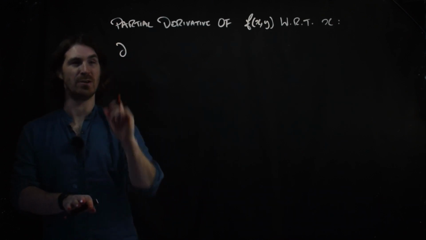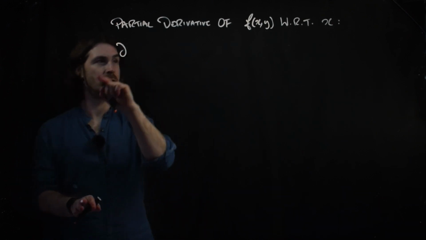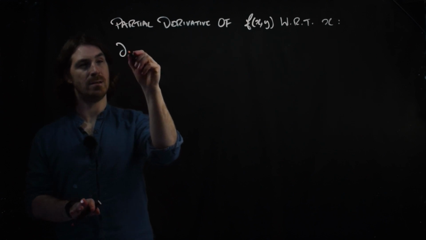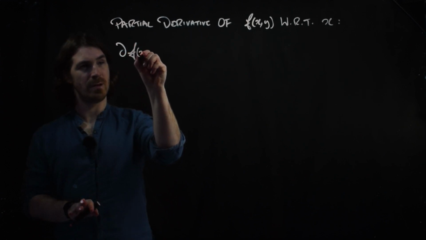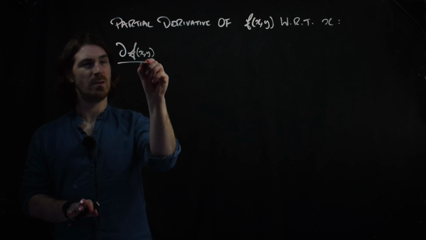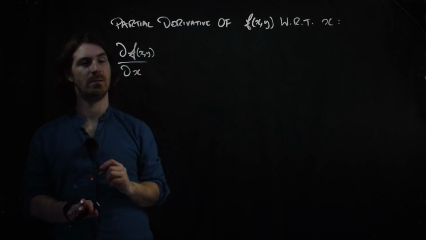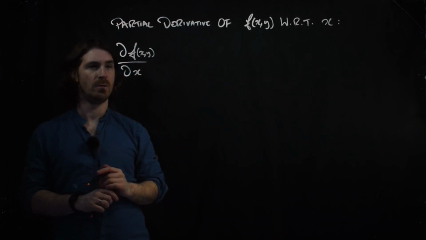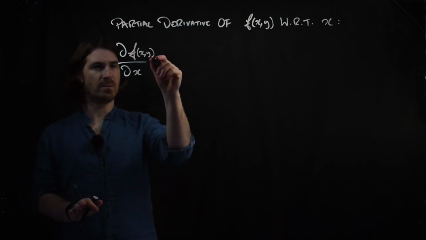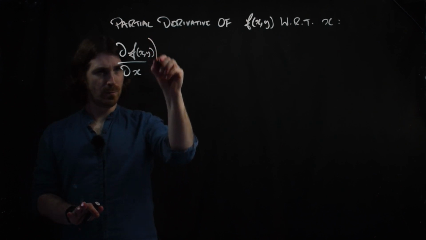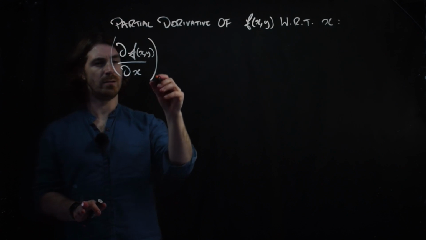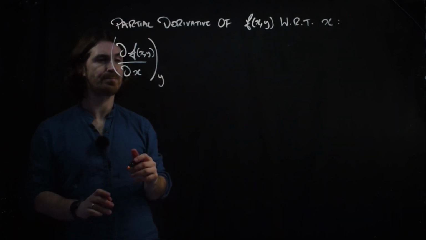So you've probably seen these curly d's before and wondered what they are. So this is what it is. It's a curly d, df of x and y by curly dx, and I will write this with a round bracket and a y here.